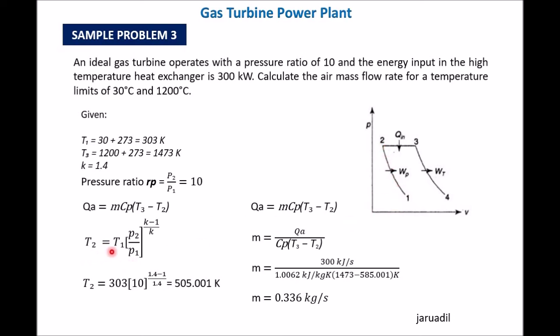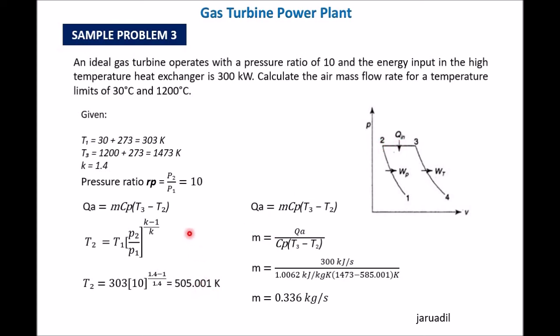So, T2 is equal to T1 times P2 over P1 raised to K minus 1 over K. T1 is 303, and P2 over P1 is given, 10. You just substitute the value of K. Then we have T2 is 505.001 Kelvin. So this is your point 2, before the heat addition.